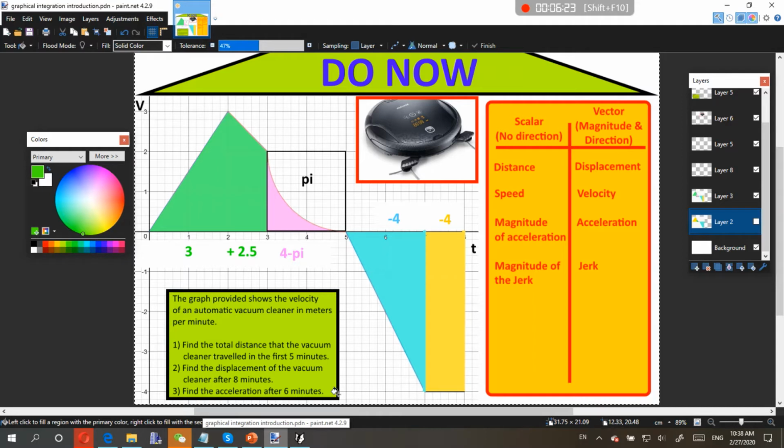And then for acceleration after 6 minutes, what could I do? Junho, how could I find acceleration after 6 minutes? Look at the slope.